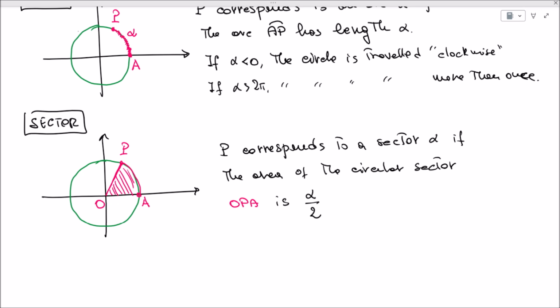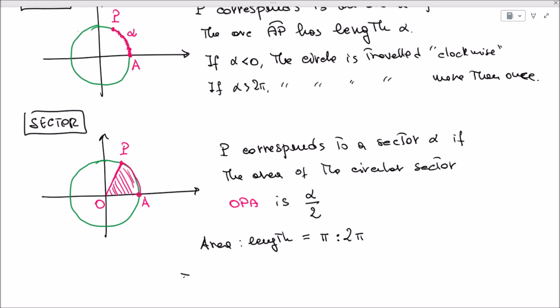In fact, it is easy to find the area of this circular sector by considering the direct proportionality between the area of the sector and the length of the corresponding arc. In fact, we can say that the area divided by the length of the arc, this ratio is just the same if we consider the entire area of the circle, which is pi, and the entire circumference, which is 2 pi.